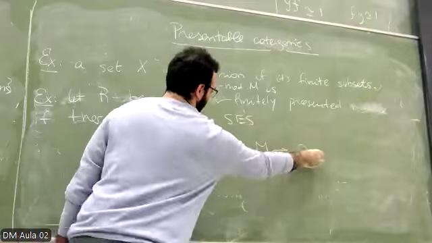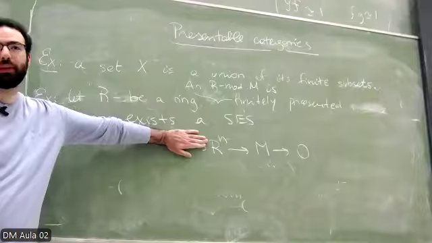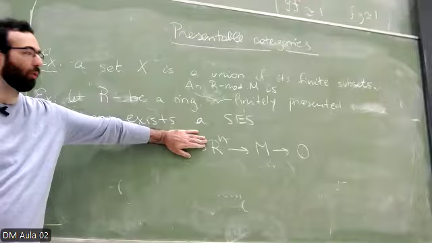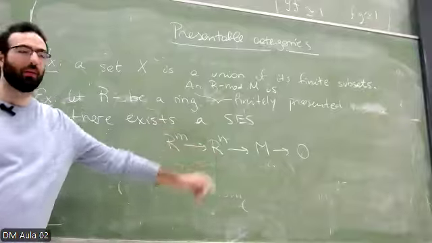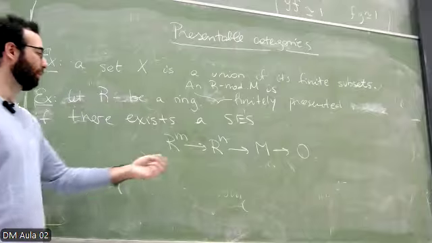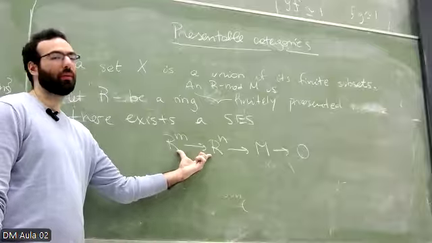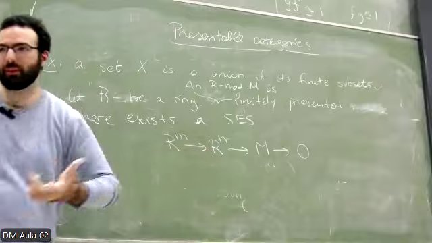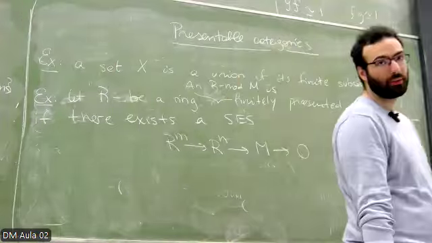So what I'm saying is it's definitely finitely generated because I have an epimorphism onto M from R^M, but also the kernel is finitely generated. The kernel of this is the image of this one, so it's also finitely generated, right? So finitely many generators and also finitely many relations.